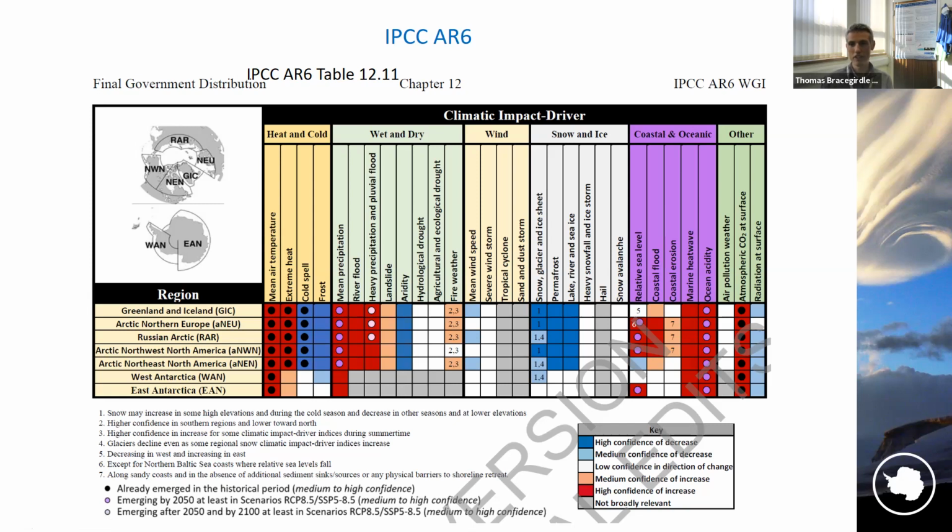This is comparing the Arctic and the Antarctic, and looking at different factors like hot and cold, wind, snow and ice, etc. Some of these aren't really relevant to Antarctica, but these colours here in this table represent sign and confidence of impacts.